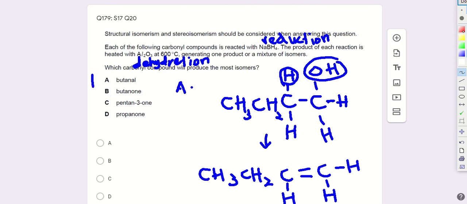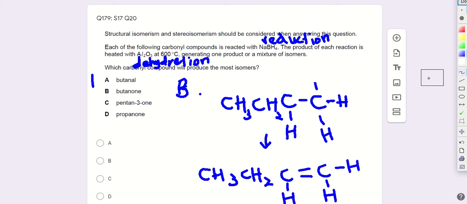Now let's look at B. Now we have butanone. Erase this. I'll keep the 2 carbons because butanone is still 4 carbon. Oh, forgot. Let's erase this and write B. Butanone means we have a double bond on the second carbon for the carbonyl group.